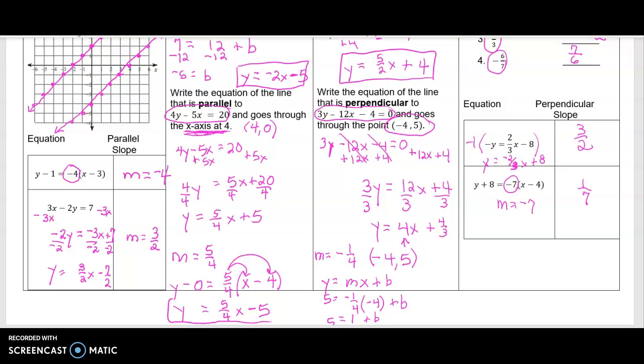Subtract 1 from both sides, and we have 4 equals b. And so our equation, using a slope of negative 1/4 and a y-intercept of 4, is y equals negative 1/4 x plus 4. And that's it.